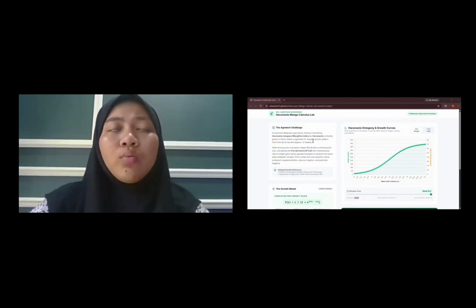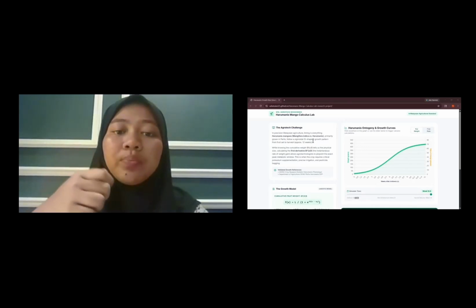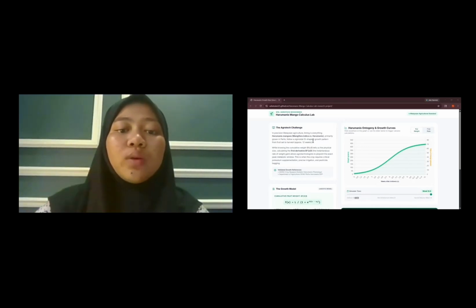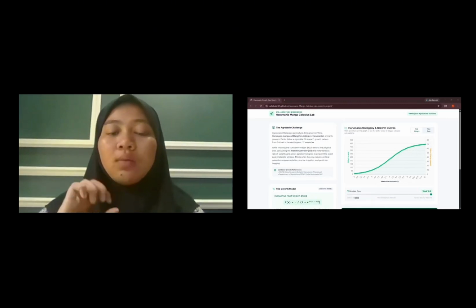Why do we need to study this? When we use calculus, we can find the exact week when the mango grows the fastest. This peak time is super important because it tells us exactly when to give the best fertilizer and enough water to get beautiful grade A mangoes.